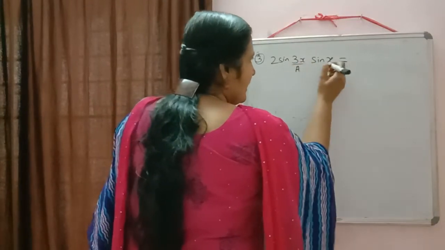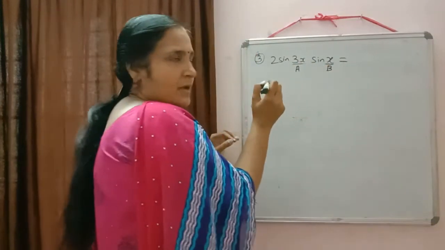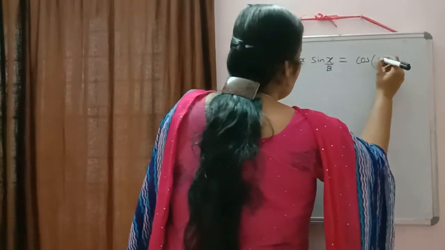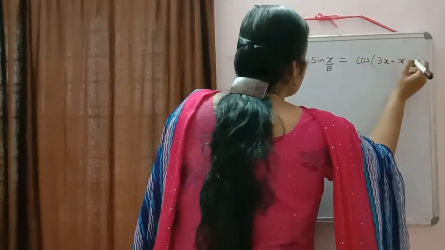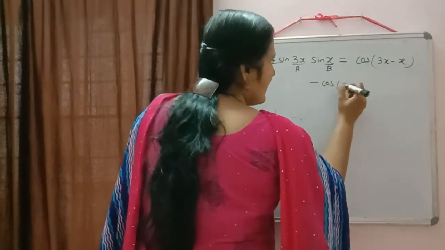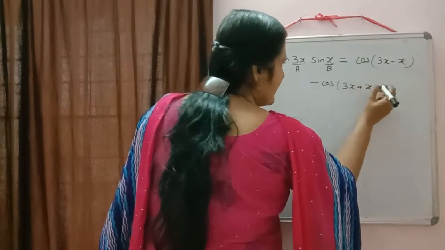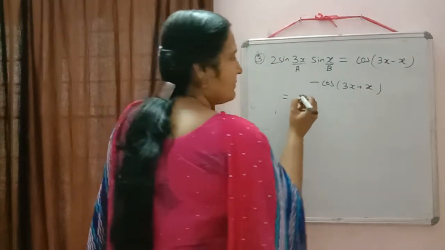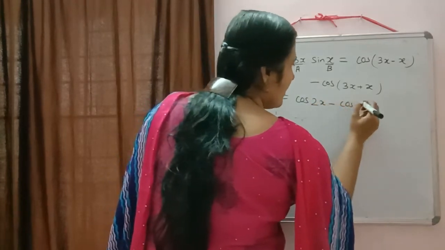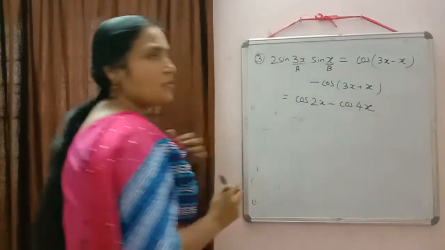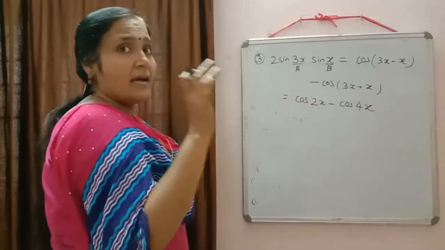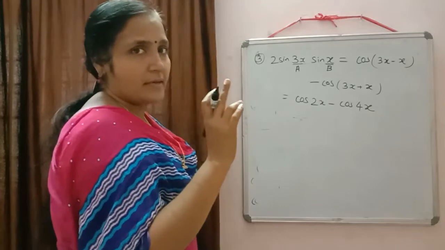This is our A and this one is our B. So first we have to write cos(A-B), so it will be equal to cos(3x-x), then minus cos(A+B), 3x+x. So our answer will be equal to cos 2x - cos 4x. This much only you have to do, but this will come if you are learning the formulas properly.